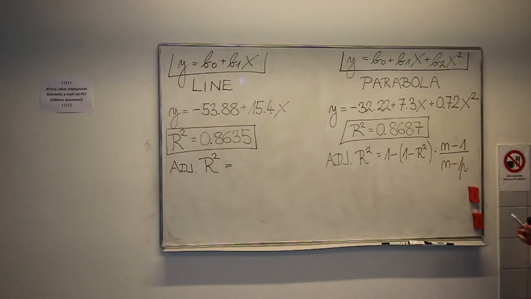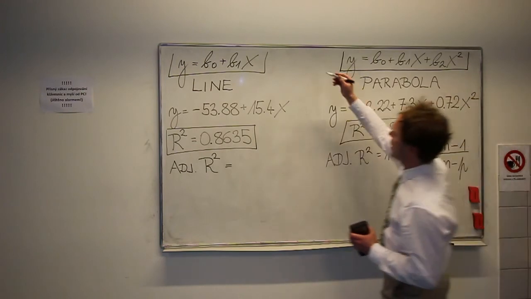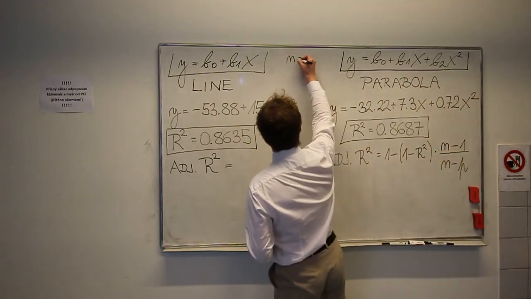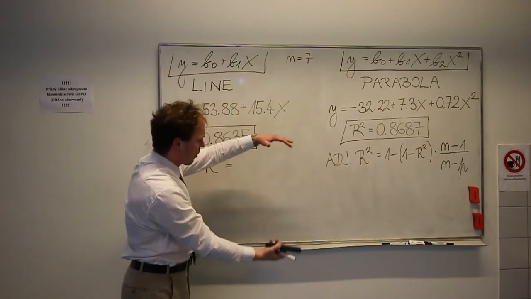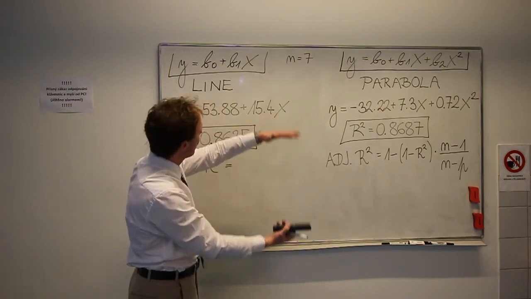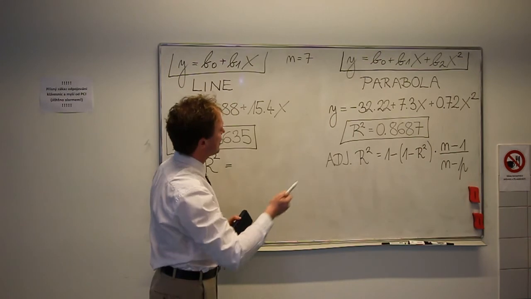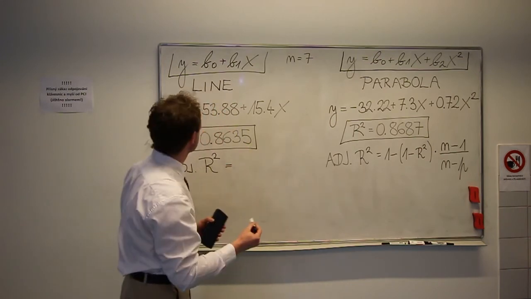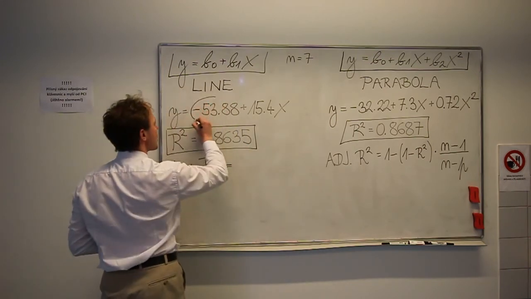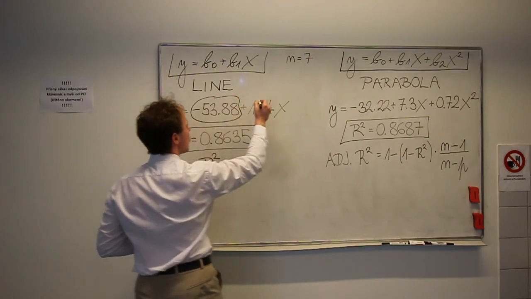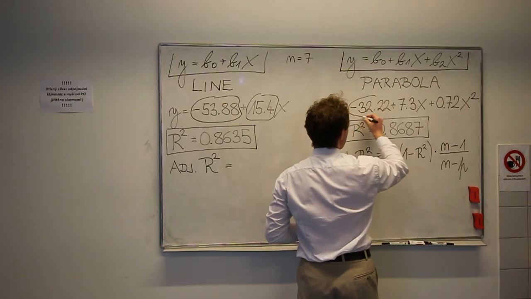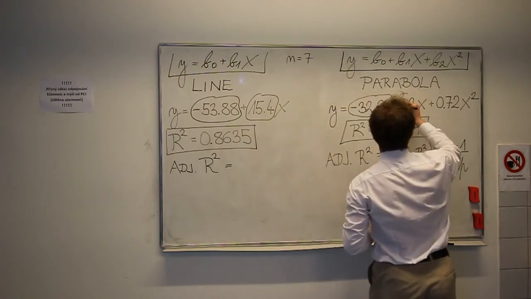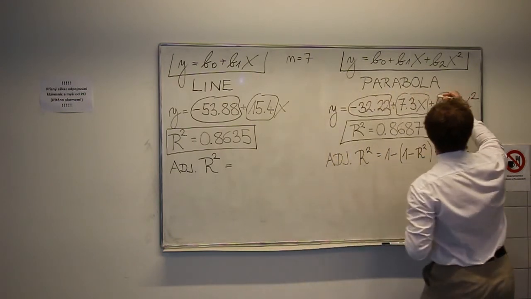N is the number of observations, and we have n equal to 7 observations. You can check the number of lines. And p is the number of parameters, the number of coefficients. So here you have 2 coefficients. Here you have 3 coefficients.